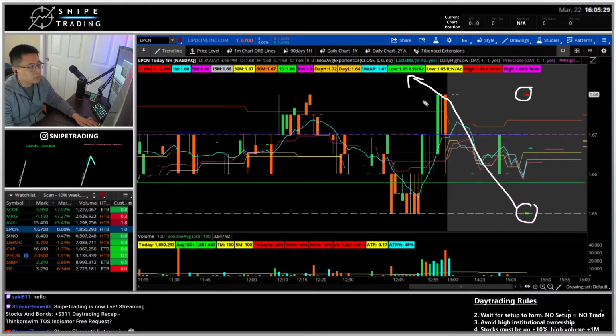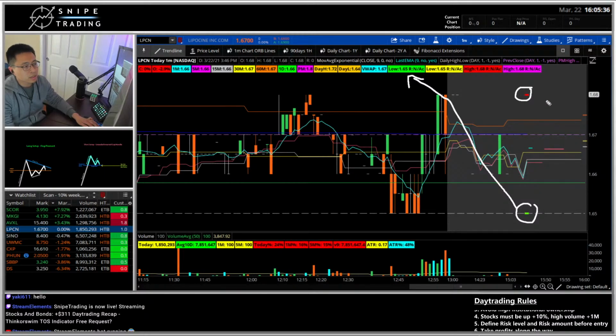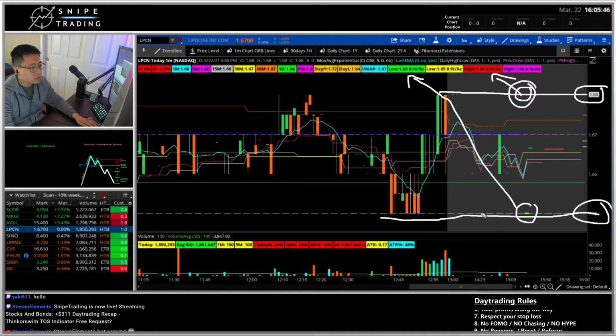So this is the low, 165, and it's the low of the last 15 bars, for the last 15 minutes. And here, this is the high of the last 15 bars. So I know 168 is the high, 165 is the low.